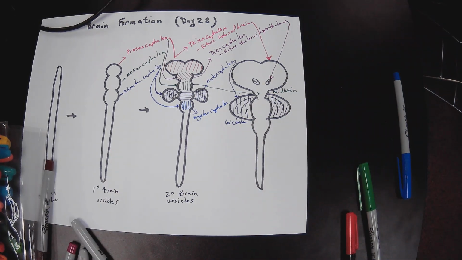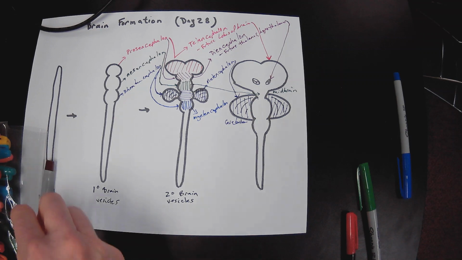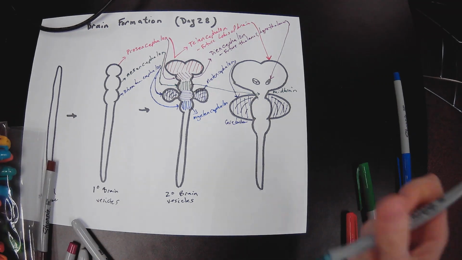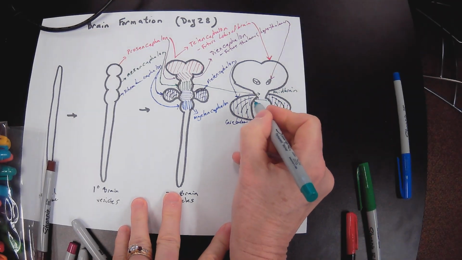The other structure that comes off the metencephalon is going to be your pons.